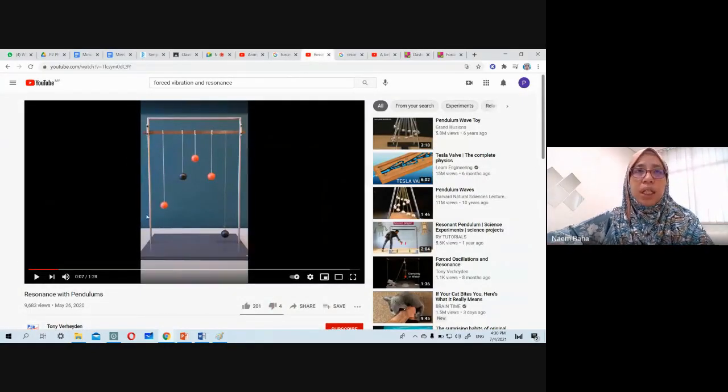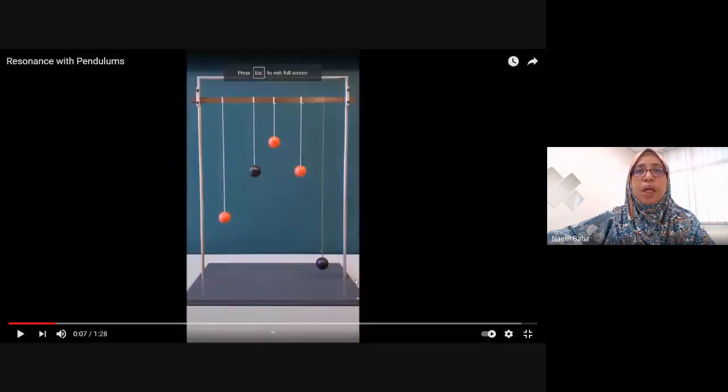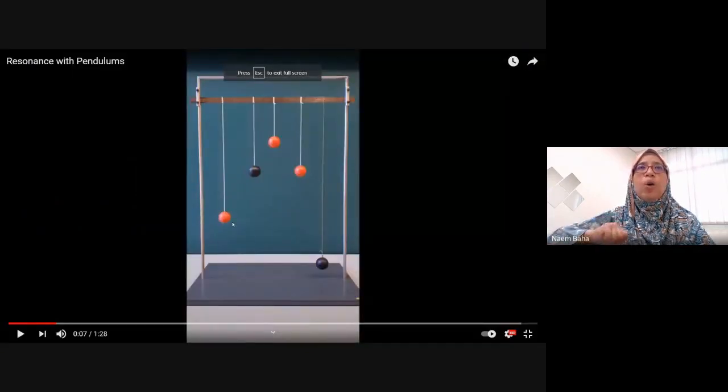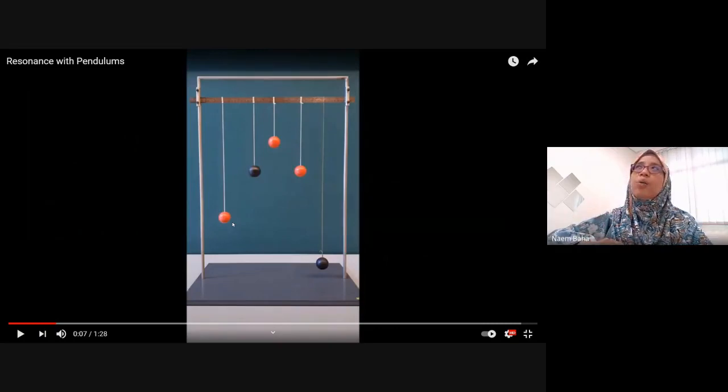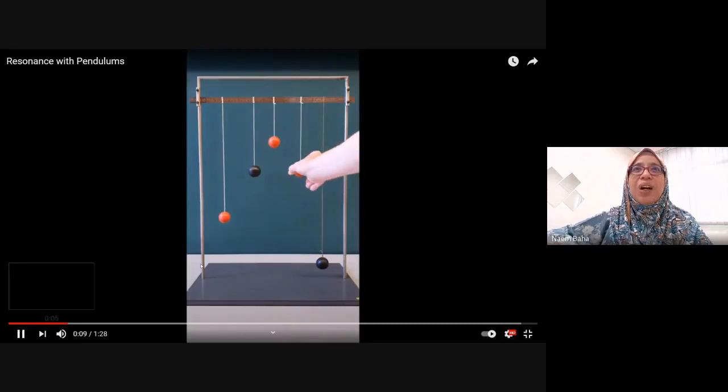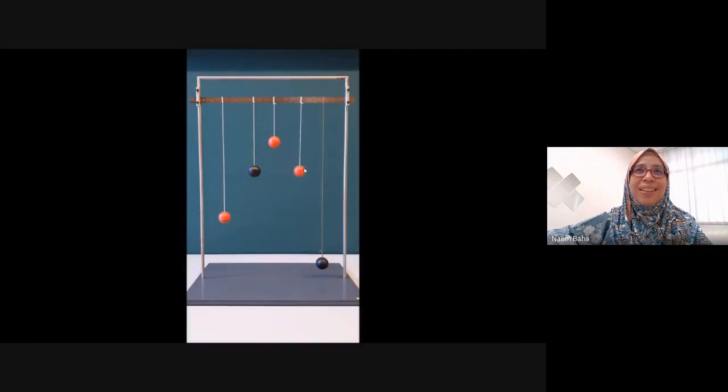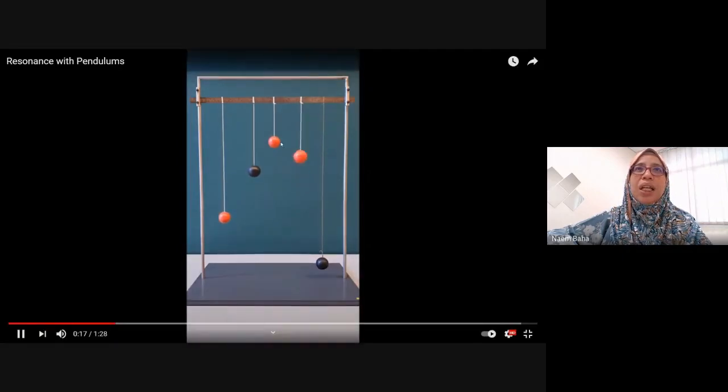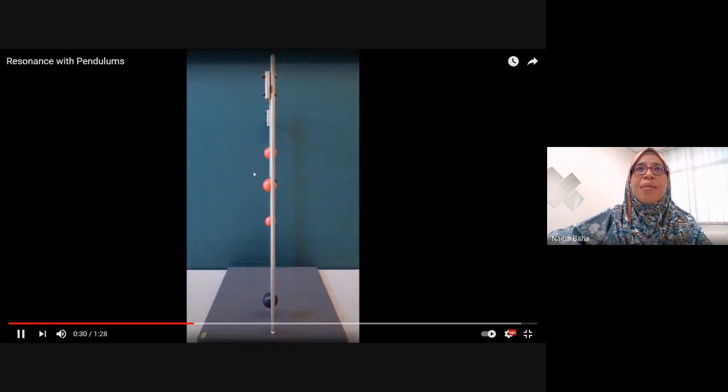Now, in this experiment, you have to look at it. All right, the red one is being displaced or disturbed, and the rest have started to vibrate a little. However, among all of them, one, two, three, four, the one which has the same length vibrates. Yes, this is the one.